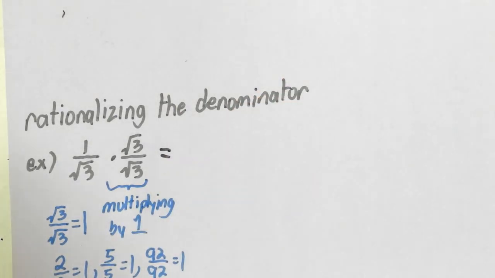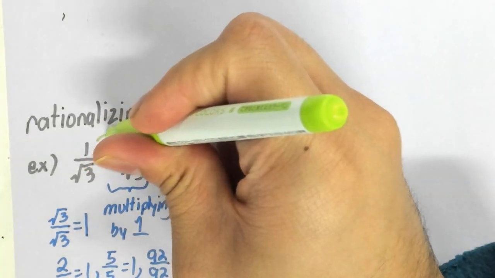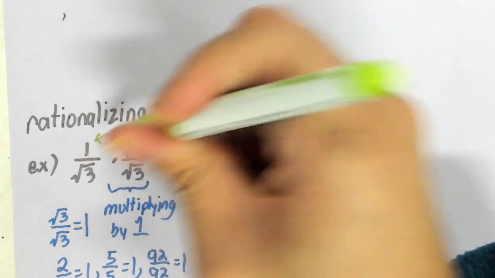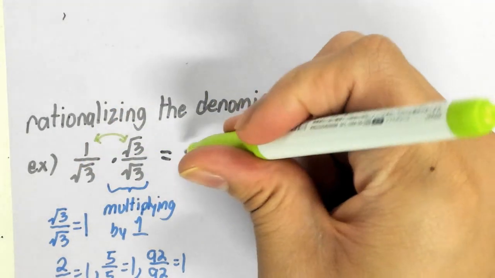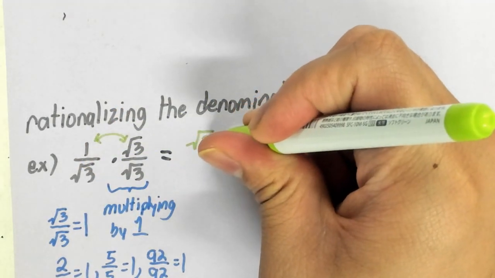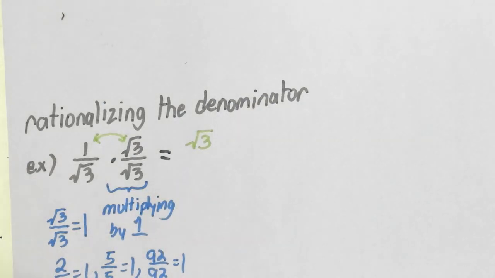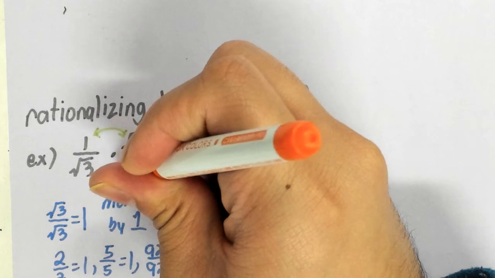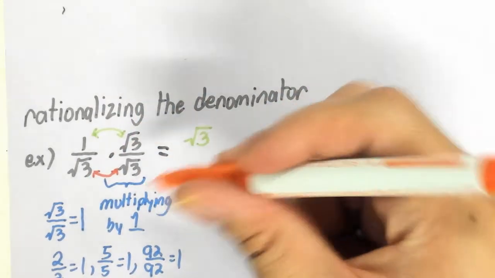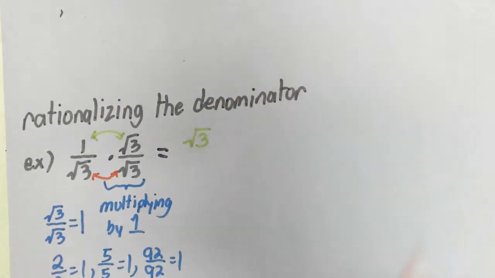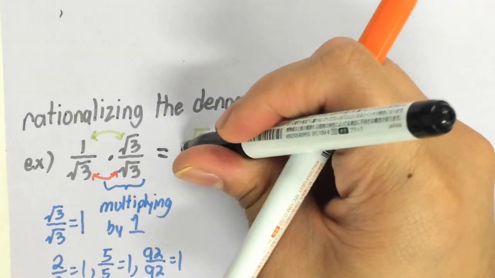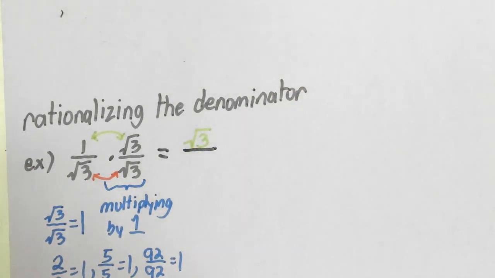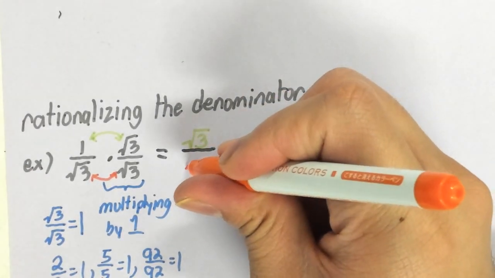When you multiply a fraction, as a reminder, the top gets multiplied with the top. So 1 times square root of 3 is square root of 3. The bottom gets multiplied with the bottom. Square root 3 times square root of 3. Because they are both inside a square root, you can multiply them. 3 times 3 is 9.